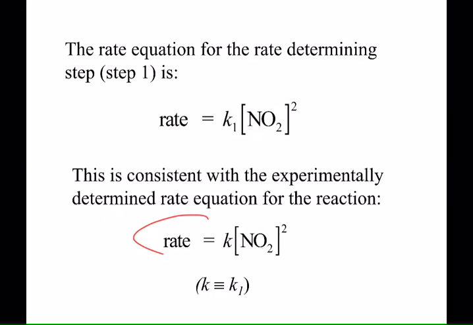I said, so your rate law expression according to that mechanism would be simply gotten from the rate determining step, the rate law constant K times the molar concentration of NO2 raised to the second power, because it's bimolecular. And here, the K in our overall rate law expression is essentially equal to K1.